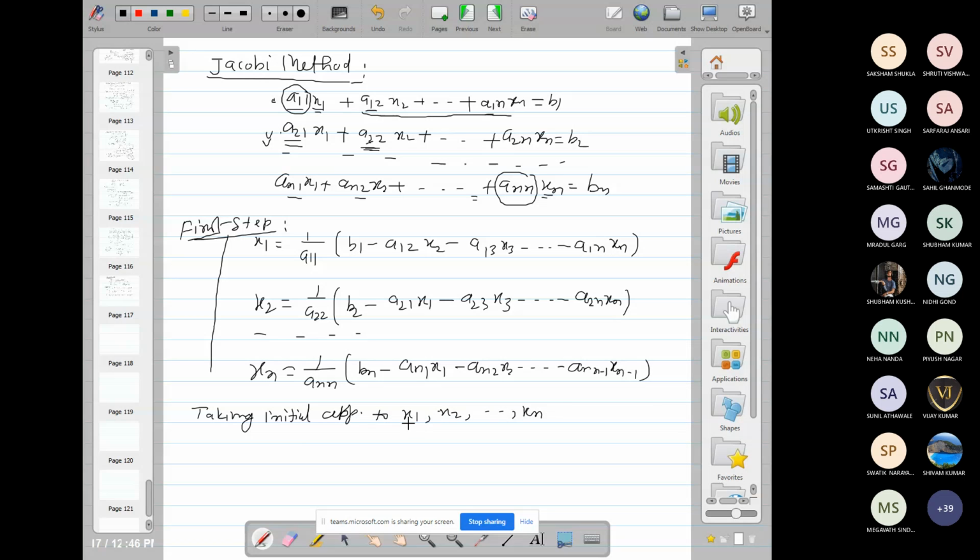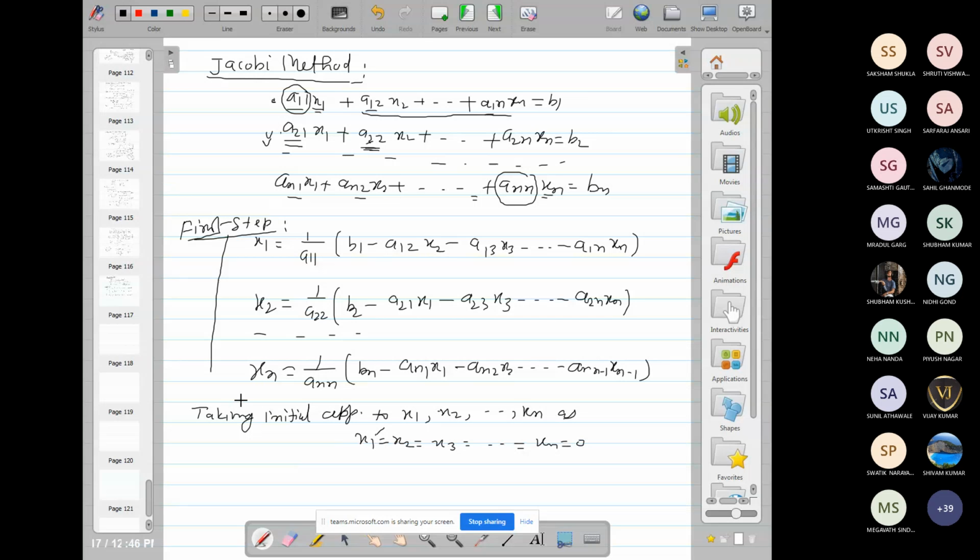So here, for simplicity, we consider the initial approximation as x1 equal to x2 equal to x3 and so on equal to xn equal to 0. As the initial approximation, the value of the solution is 0.